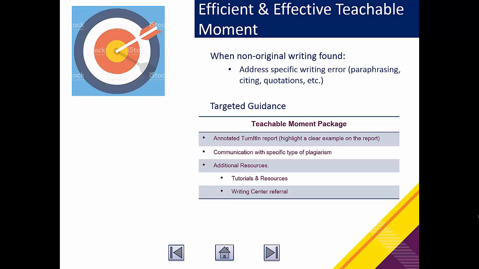You would want to include an email or communication with a summary of the specific writing error. Although you don't want to overwhelm the student with resources and links, one or two that address the specific writing error can help students who are trying to understand and improve their writing skills. This feedback might also include tutorials, resources, or a referral to the Ashford Writing Center. In all cases, save the materials and communications in the gradebook for record keeping.